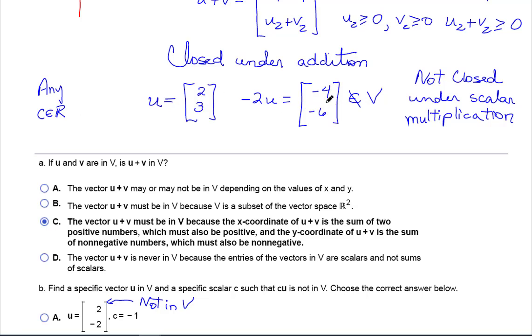And so I would get minus 4, minus 6, but that's certainly not something that lives in that particular set. So it's not closed under scalar multiplication.